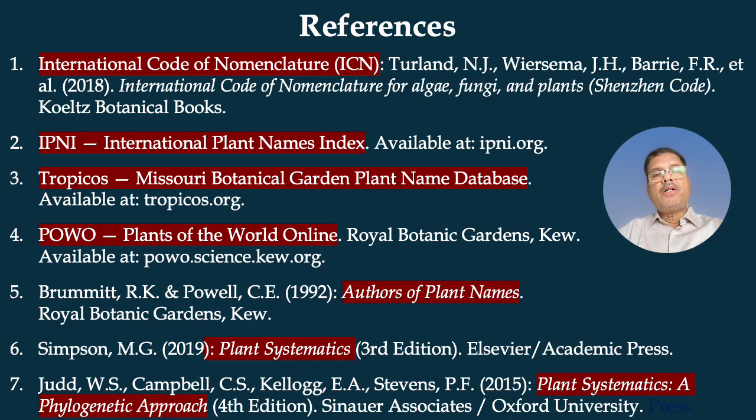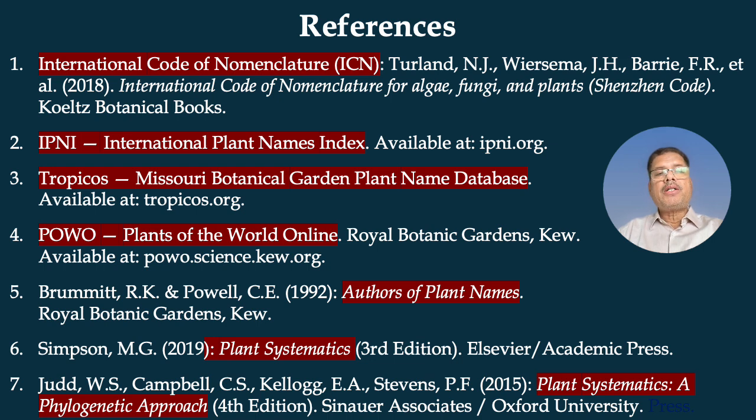In preparing and understanding botanical nomenclature, several trusted references guide students and researchers. One of the most authoritative among them is the International Code of Nomenclature for algae, fungi, and plants, commonly called the Shenzhen Code, authored by Turland and his colleagues.